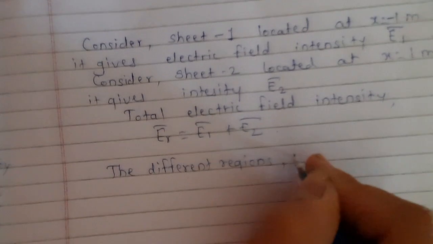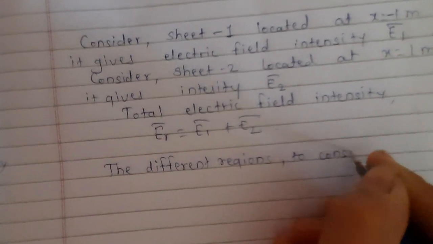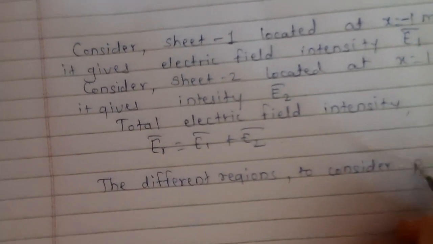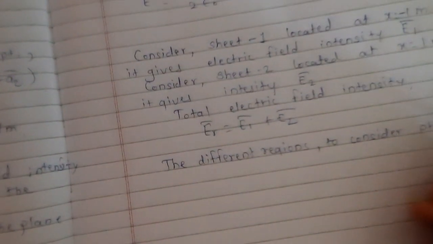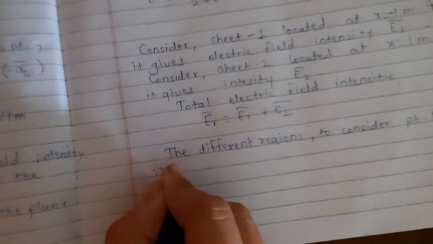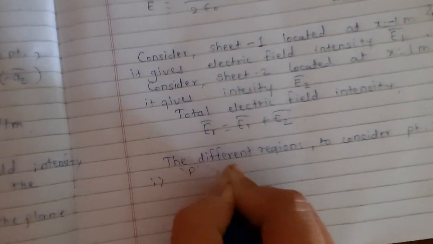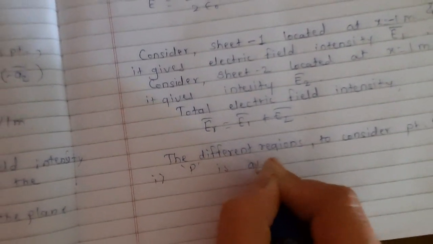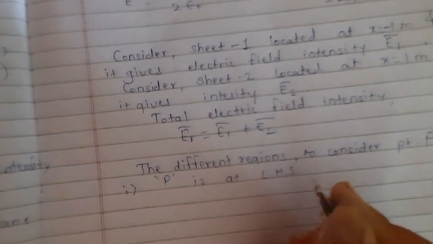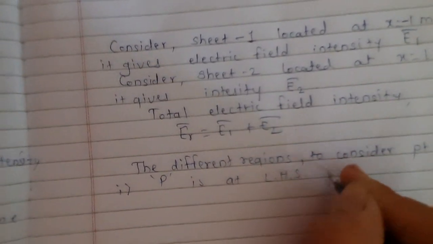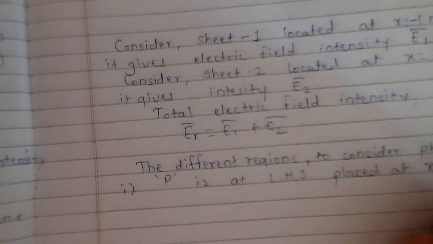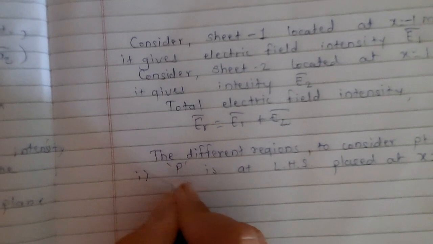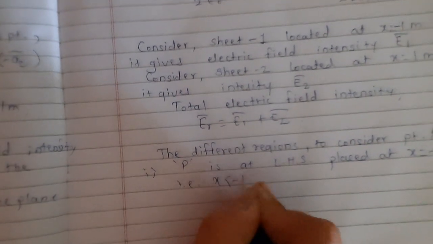The first region is P at the left hand side, placed at x less than minus 1.